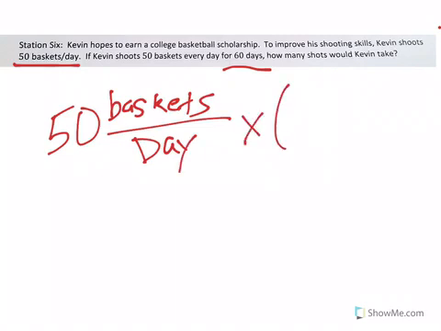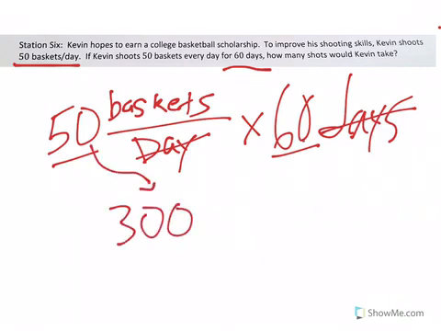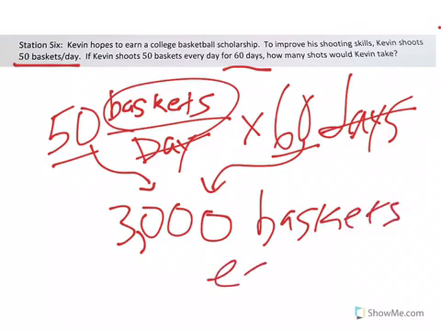And I'm going to multiply that by 60 days. I know my days cancel out, so I'm going to end up doing 50 times 60. 5 times 6 is 30. I have a 0 to bring down here. I have a 0 to bring down here. I end up with 3,000 baskets that Kevin would shoot.